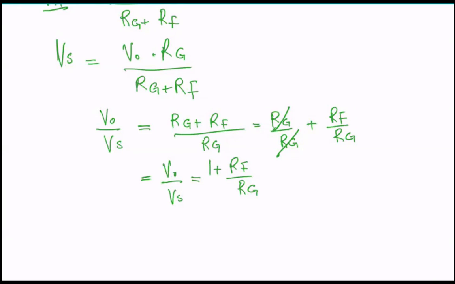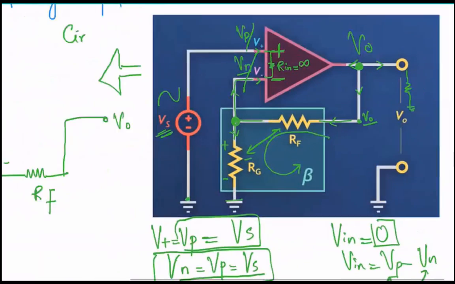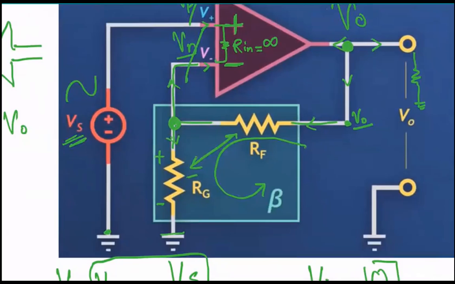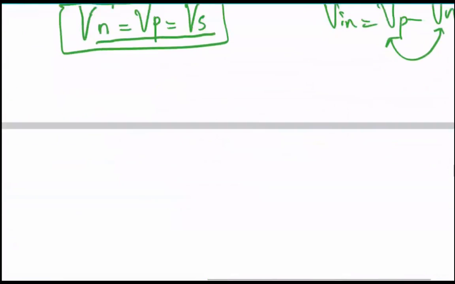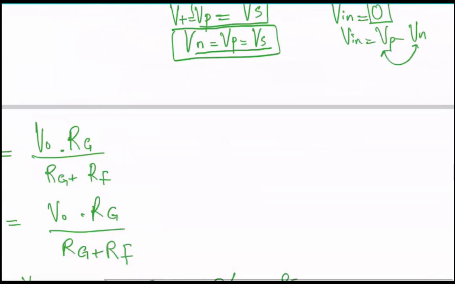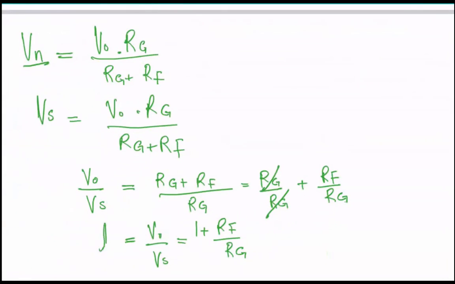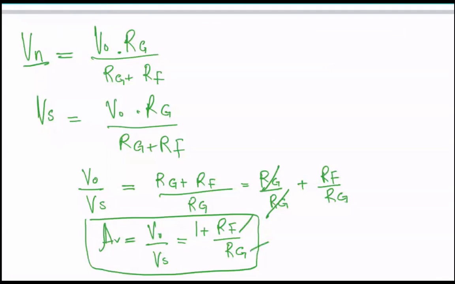What is this V naught over Vs? Gain. Vs is your input signal, and V out is your amplified version of the input signal. So this is actually the gain. Here is a very simple equation: if you choose the values for this RF and RG, you can set the gain.